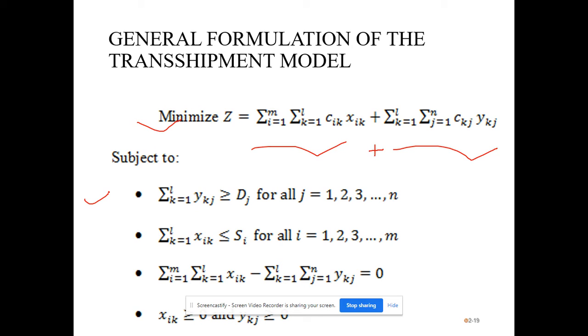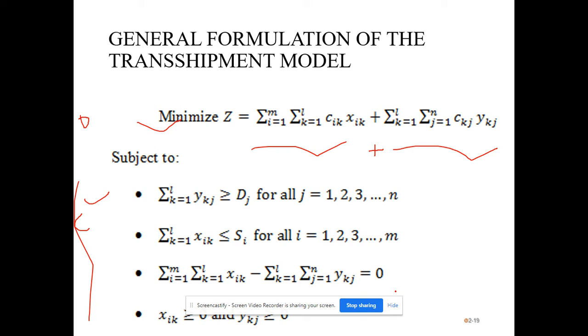there's a demand constraint. So this is the objective function. These are the constraints. The first constraint is that shipment has to be more than or equal to the demand. The second constraint is that shipment has to be less than or equal to the total supply from the production plant. And third is whatever is coming to the warehouse, we want to ship it.